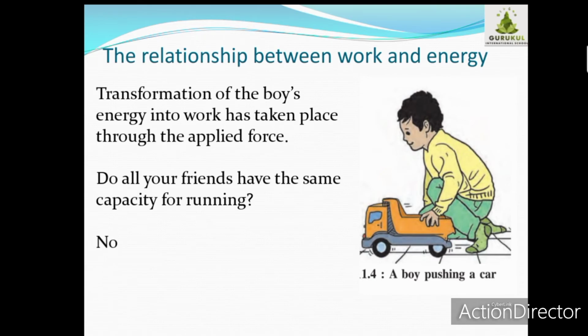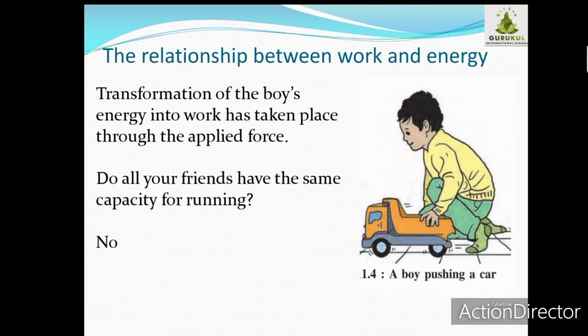So from that, we can say your friends will complete either one more or less rounds than the number of rounds which you have completed. Suppose you have taken 5 rounds in 20 minutes, might be your friends will take only 4 rounds in the 20 minutes, correct? As your friend's capacity might be lesser than you, or your capacity is greater than them. So the number of rounds will not be the same. Some will get tired on completing 2 rounds only.